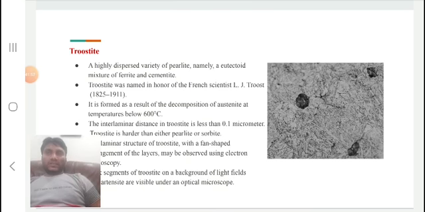So all the structures, perlite, coarse perlite, fine perlite, sorbite, trustite, upper bainite and lower bainite, then martensite, all these structures will have retained austenite except the perlitic structure, because perlite happens at a single temperature and it is held there for a sufficiently long period until the entire austenite transforms into perlite.